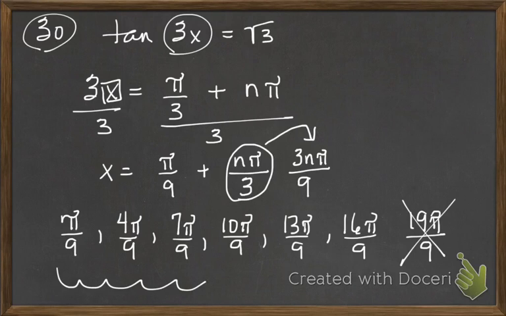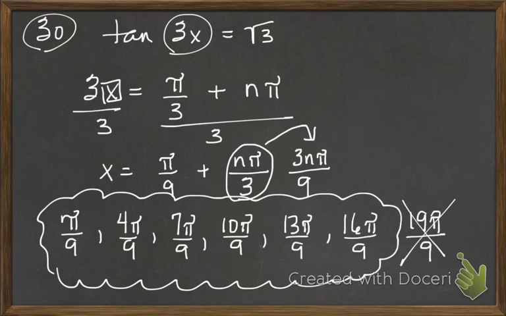Now, this probably does not make a lot of sense. Let's just be honest. So let's take one of our answers and see if we can go back into the original problem and see if it makes sense. Let's take this first one, pi over 9, just to help you make sense of this mess.